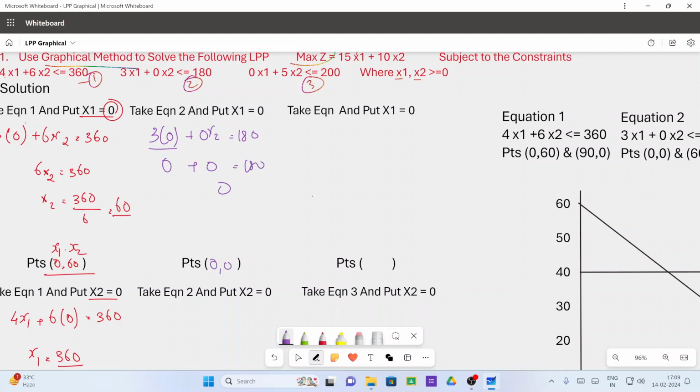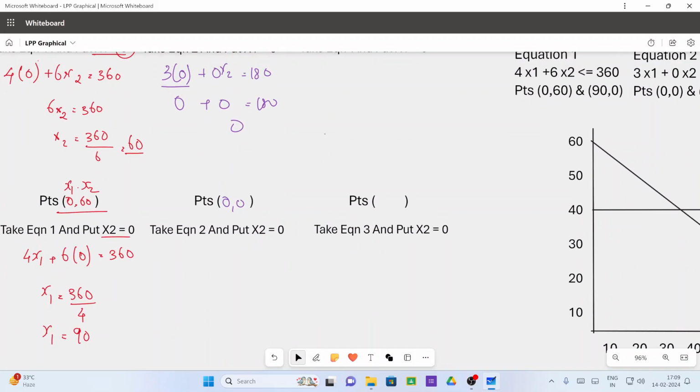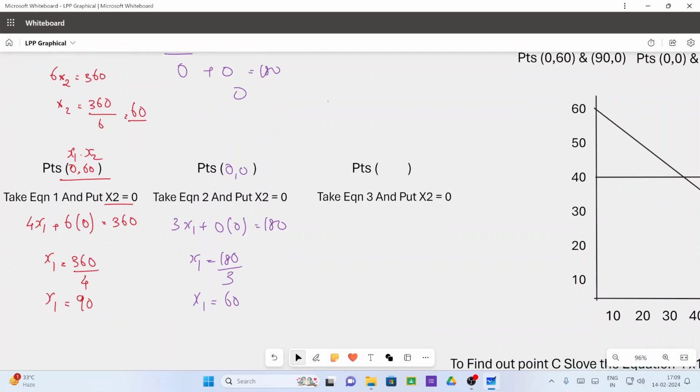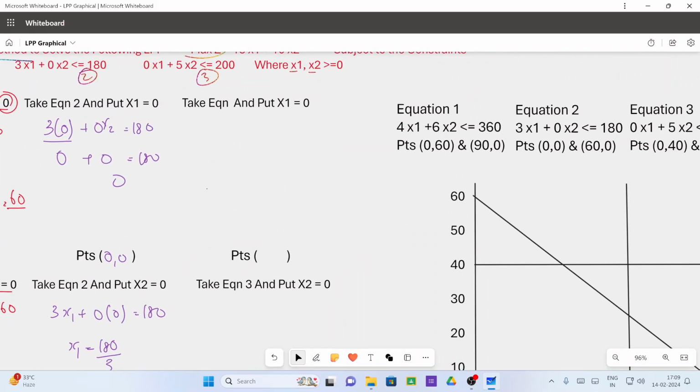The point is (0, 0). Now in the same equation, we substitute x2 as 0. So 3x1 plus 0 equals 180, so x1 equals 180 divided by 3. So x1 equals 60. The point is x1 is 60 and x2 is 0. Now we have two points to plot from this equation.